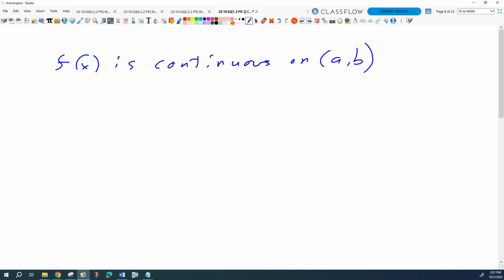Okay, here's an example of a function that is continuous on the open interval from A to B. In reality, there's no way I could graph this exactly because there's no place for me to put my pen down on the board.